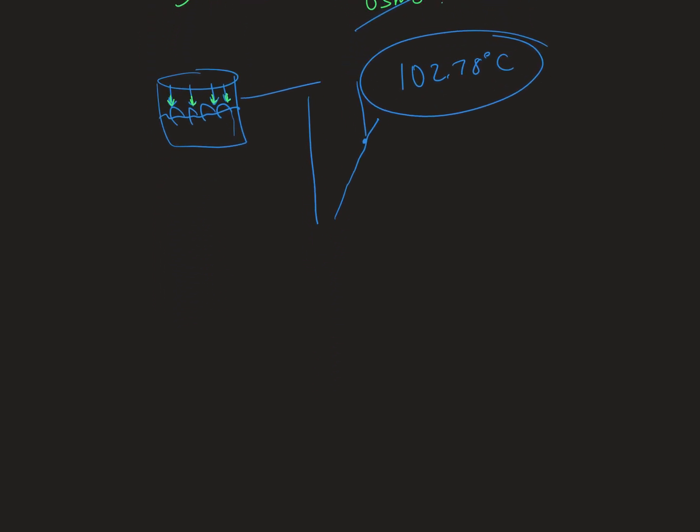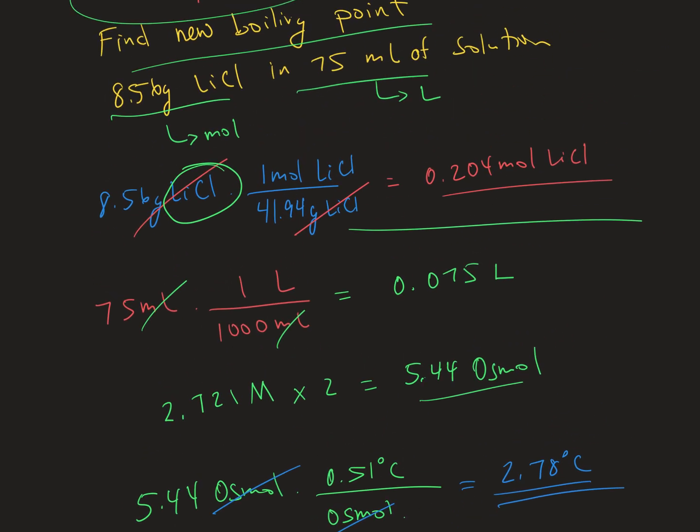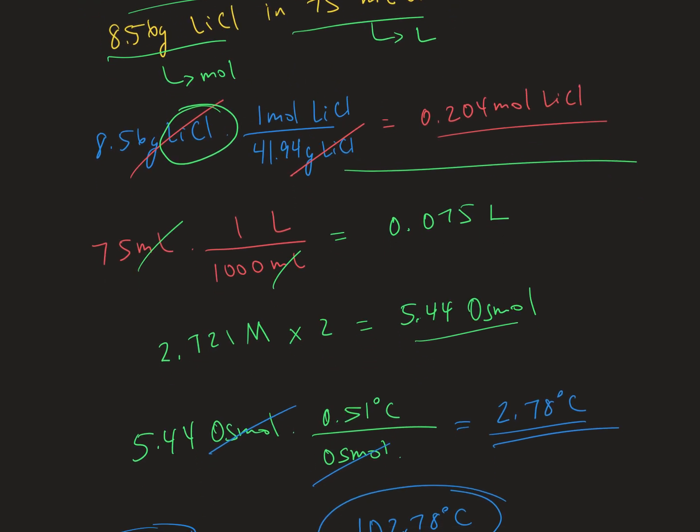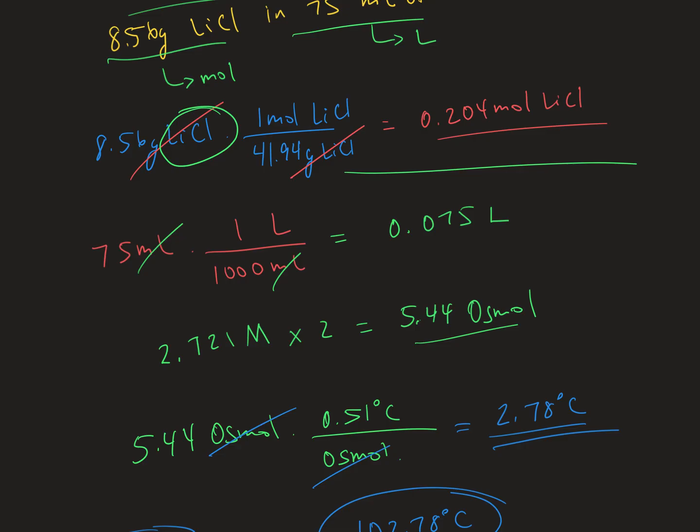We good? I have a question about the last steps. The 5.44 osmol times 0.51. So if it asks about the freezing point, is it the same equation? They'll give you a different value.